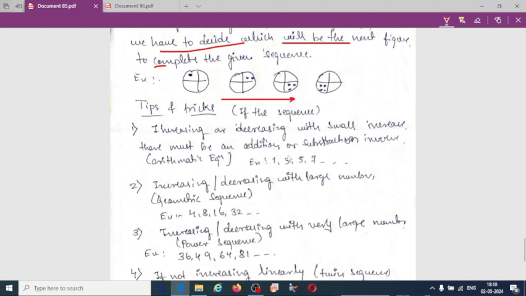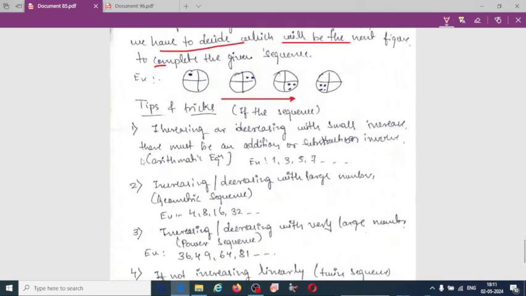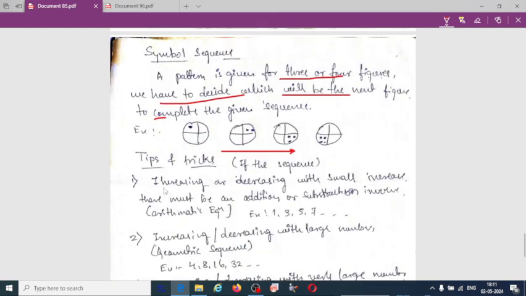Tips and tricks to solve any of the sequences. We have discussed all the different types of sequences and how you can solve any given problem related to sequences. The first tip or trick you should remember: if the sequence is increasing or decreasing with a small increase, there must be addition or subtraction.